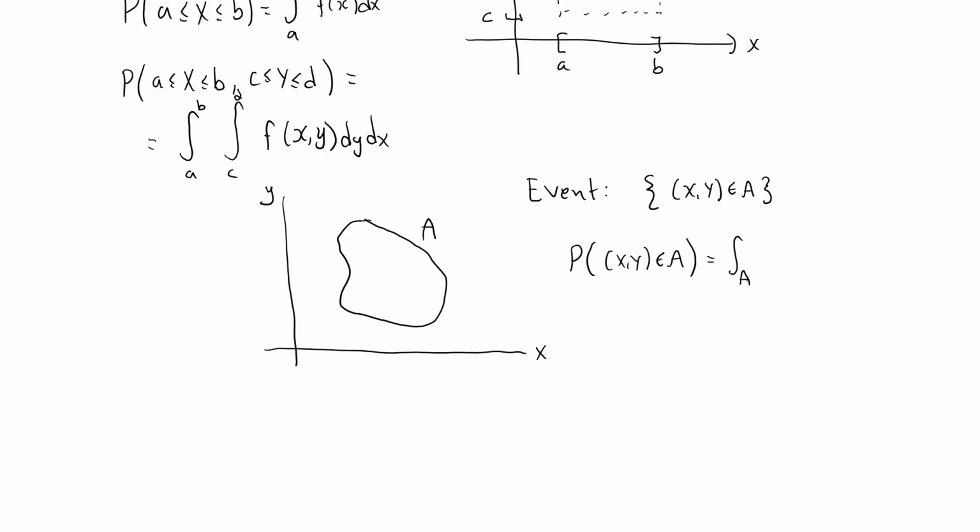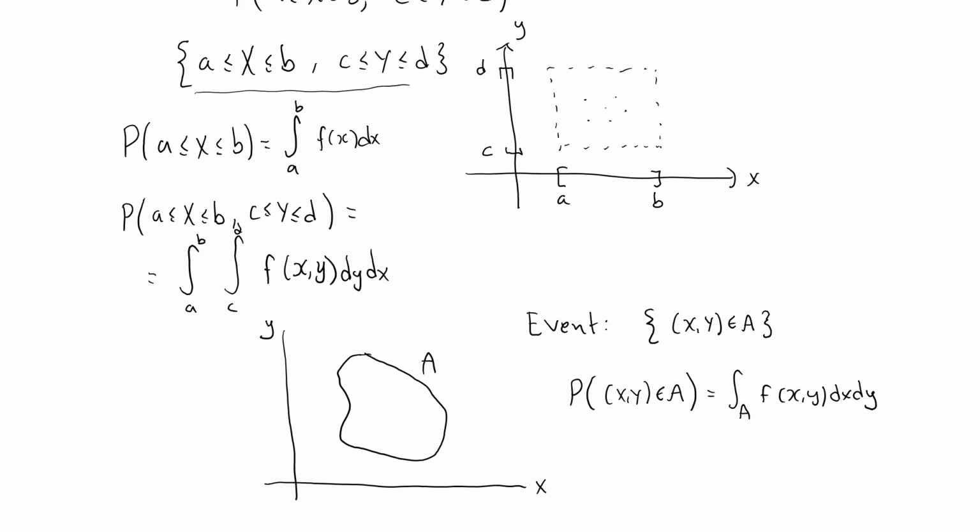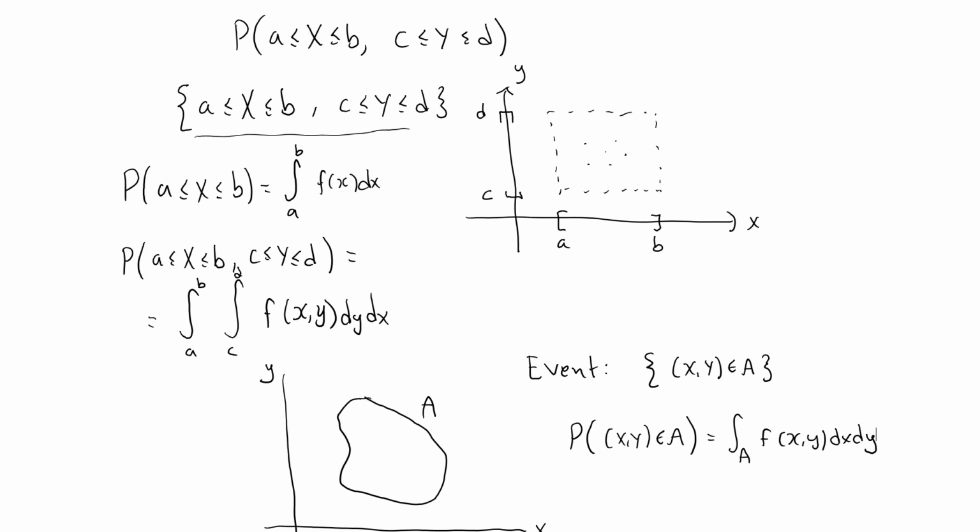But the important point is that we need to integrate over this area A. And what we're integrating is f of x comma y dx dy. This is just a generalization from the example we considered up here when A was a perfect rectangle.